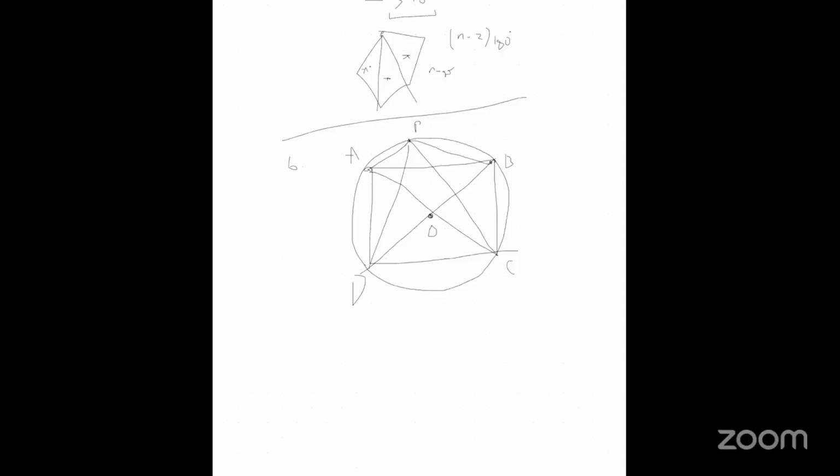Okay, so you have P times PB equals this, and then something else equals.